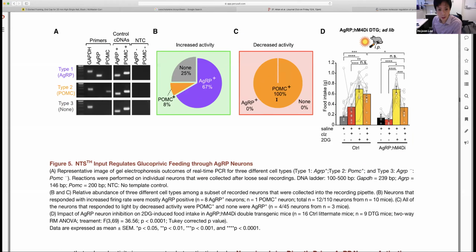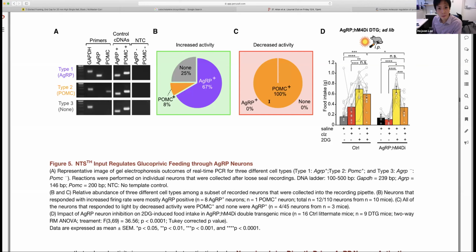They do the electrophysiology again, and they characterize these arcuate nucleus neurons as, oh, this one increased activity, this one decreased activity, this one had no activity, right?